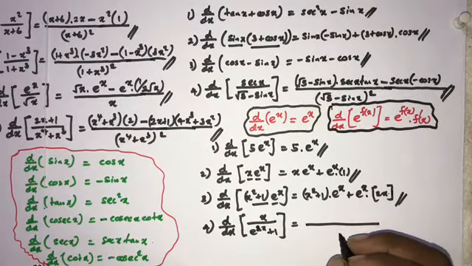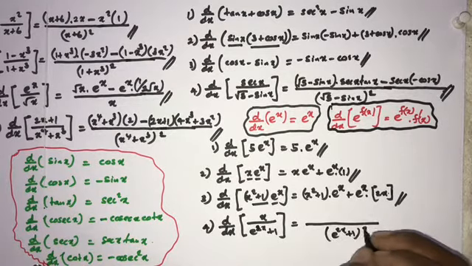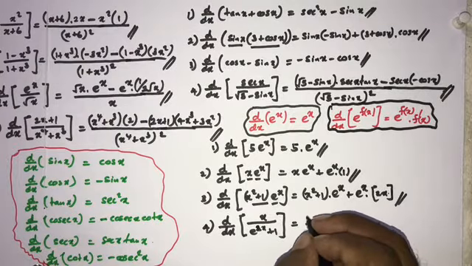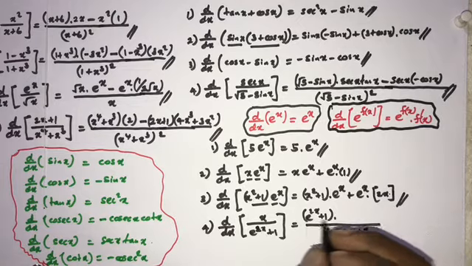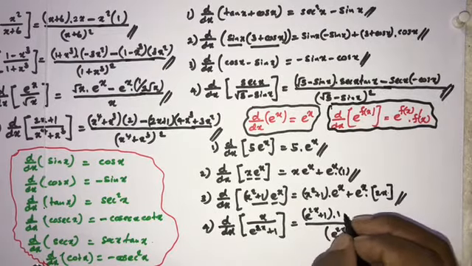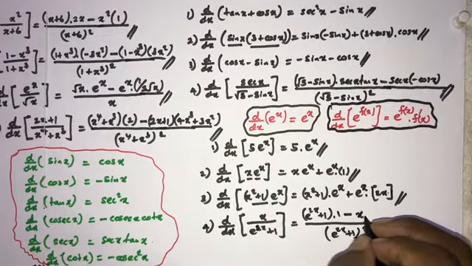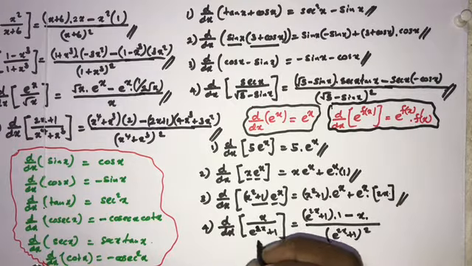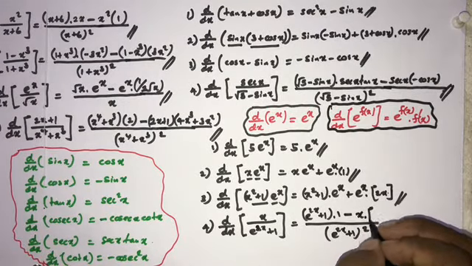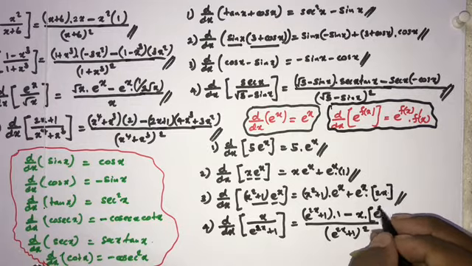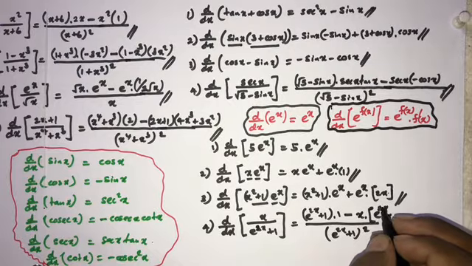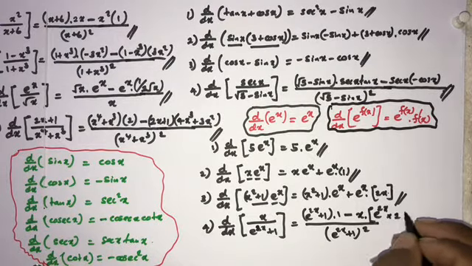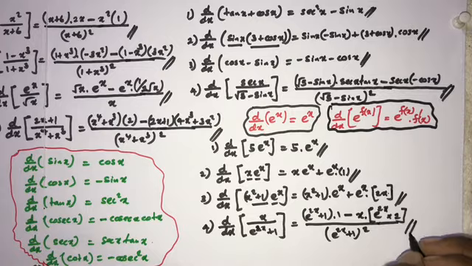So first the square of the denominator, so e to the 2x plus 1 all squared, and rewrite the denominator, so e to the 2x plus 1 times the derivative of the numerator, so 1, then minus, then rewrite the numerator, then the derivative of the denominator, so e to the 2x plus 1. So e to the function, we know e to the same function, but according to the chain rule we should multiply by the derivative of 2 times x, so 2. Okay, this is the answer.